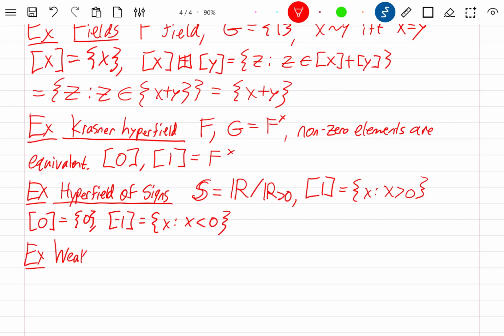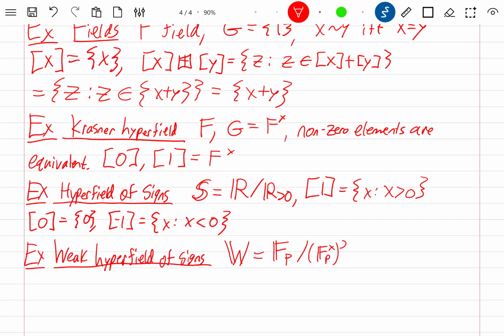Now the weak hyperfield of signs. This is actually an important example. We can say the weak hyperfield of signs has a quotient structure: take a field of p elements and mod out by the squares.